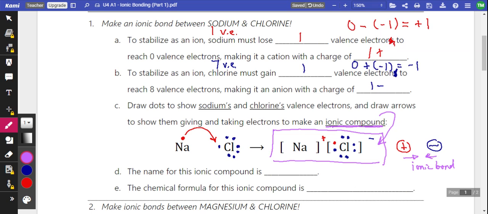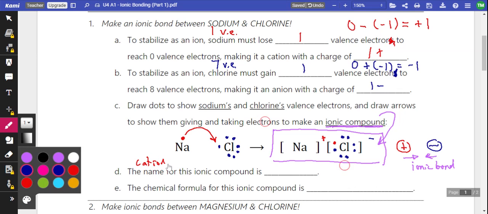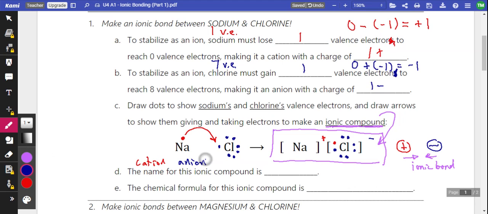To name an ionic compound, we put the cation name first, followed by the anion. But we do a little trick. We chop the end off of the anion and make it IDE instead.